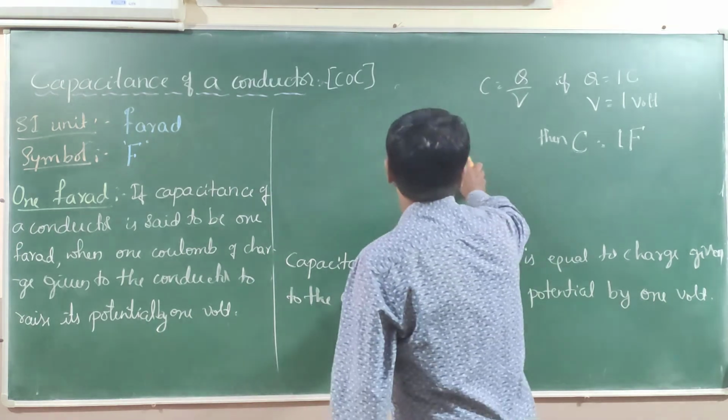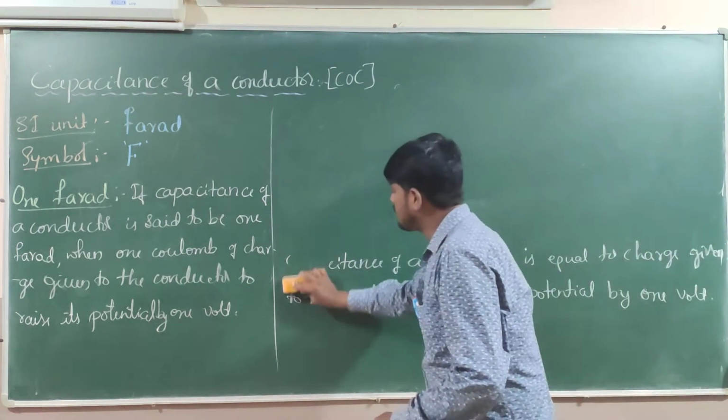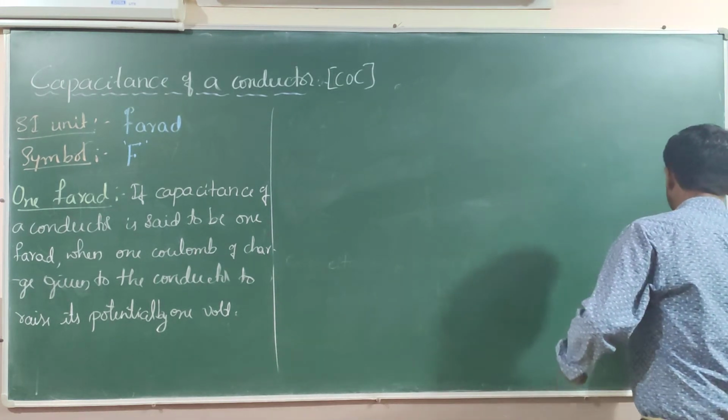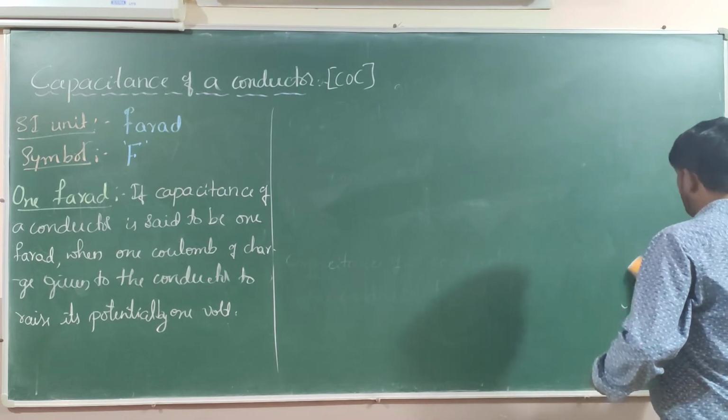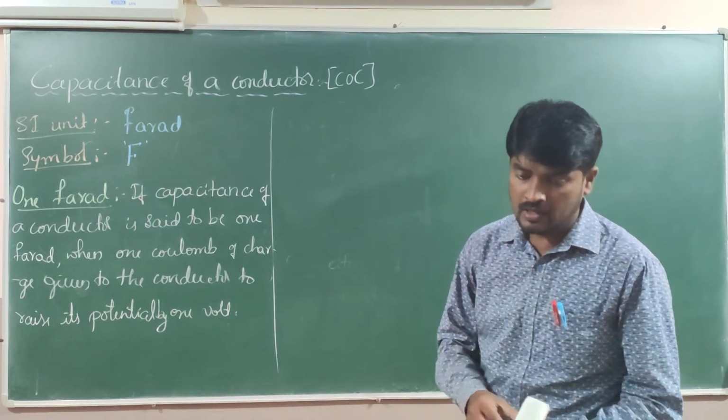Then I wrote the capacitance of a conductor. Does the capacitance of a conductor depend on anything? Exactly. It depends on 3 important quantities. What are those quantities? It is also asked in the examination for 3 marks.